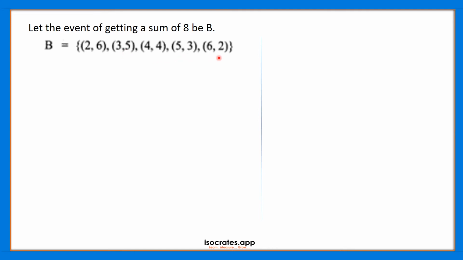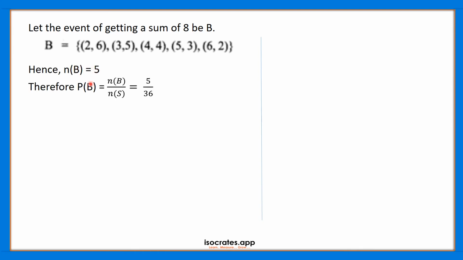When we add both the numbers in the ordered pair, that is 2 plus 6 is equal to 8, 3 plus 5 equals 8, 4 plus 4 is equal to 8, 5 plus 3 is equal to 8, 6 plus 2 is equal to 8. Also, in the sample space, we are able to find that numbers other than these listed in B do not have a face sum 8. So our n(B) is equal to 5.